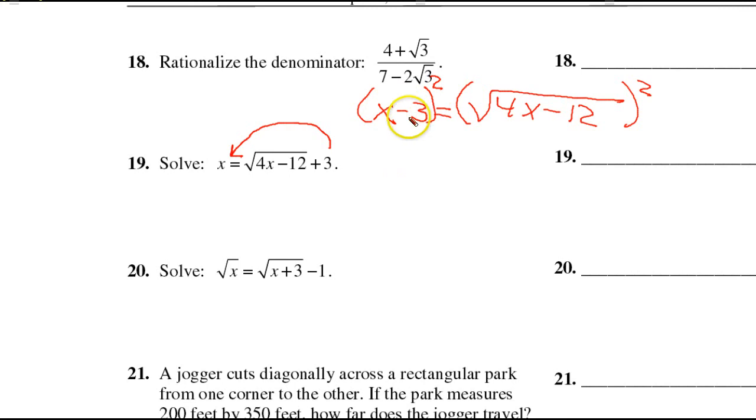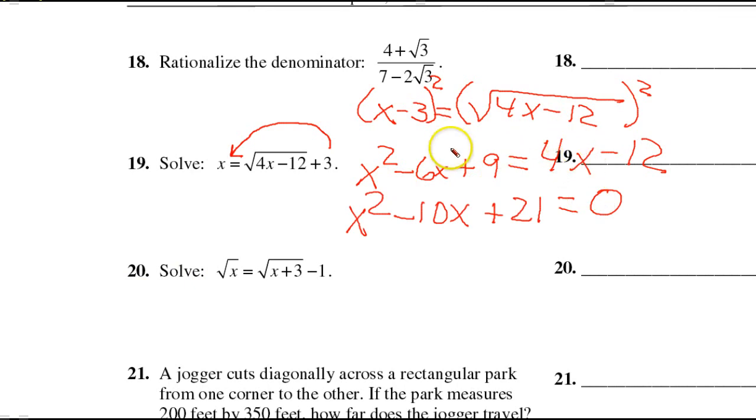So now you have a binomial that you're going to square, which gives you x squared. Multiply this, double it, negative 6x plus 9 equals, and when you're squaring something or raising it to its index power, it just becomes the radicand. And then you integrate.